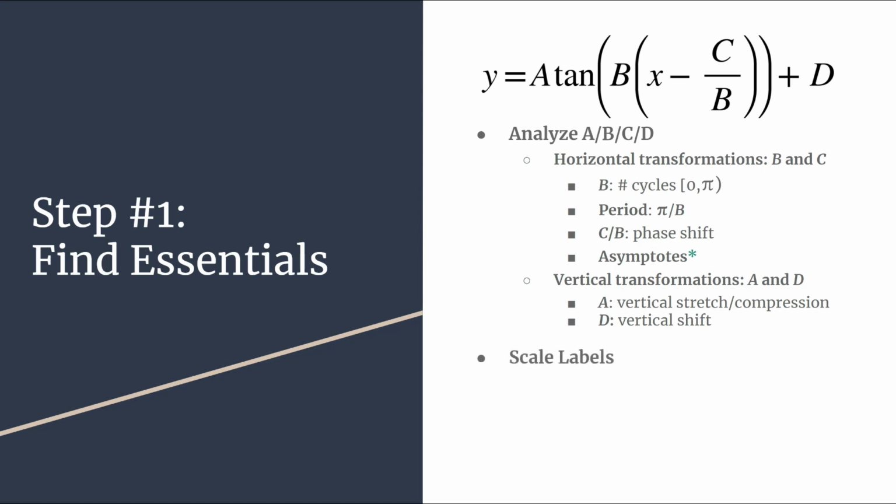All right, once we have all that, we can choose scale labels. And we do this really intentionally, especially for the horizontal labels. This is how we're going to count and label the tick marks. So for our horizontal axis, we will count taking the period and dividing it by 4. That's how we'll label our tick marks.